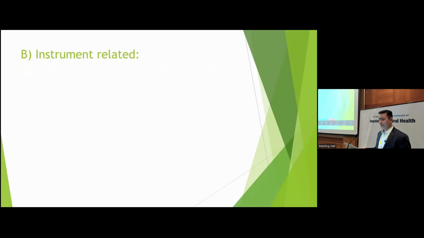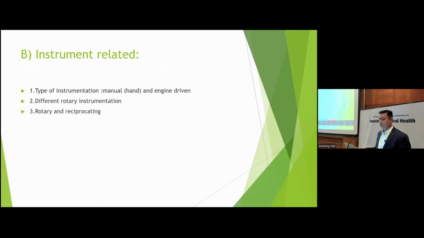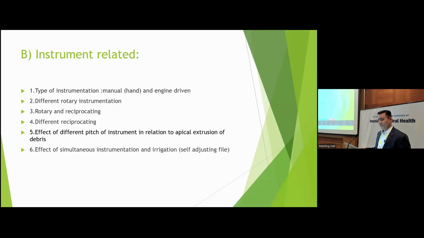Instrument-related contributing factors are the type of instrumentation, manual or engine-driven, different rotary instrumentation, rotary versus reciprocating instrumentation, different reciprocating instrumentation, and the effect of different pitch of the instrument in relation to apical extrusion. The effect of simultaneous instrumentation and irrigation, like the self-adjusting file, is also included.